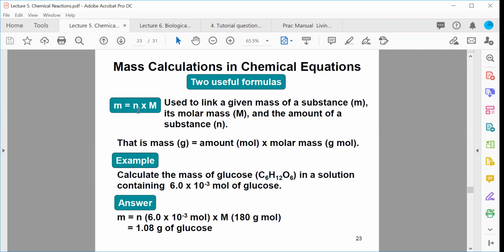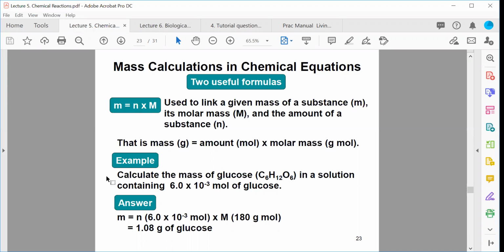So one way of remembering this is when you see that little n, just think of number of moles rather than trying to remember that this means amount, but that amount has to be in moles. So mass in grams, number of moles, and this big M is molar mass. Okay, so that's the molar mass formula.